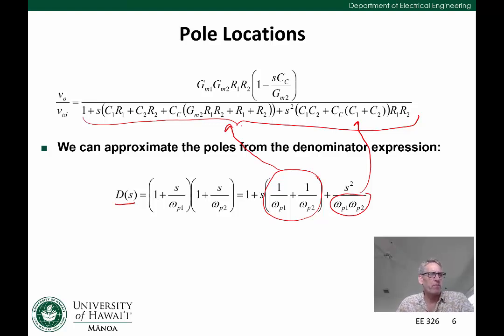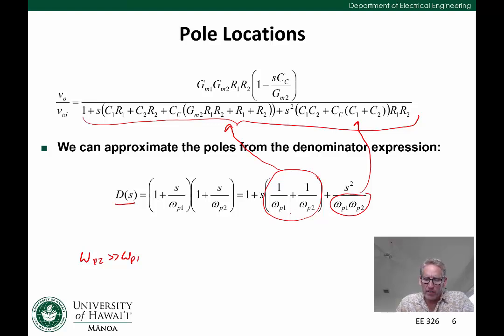That's the basic idea. And the first approximation I'm going to make is to assume omega p2 is much, much greater than omega p1. That's reasonable, assuming we have a compensated op-amp, which is what we're dealing with here. The first pole is going to go down in frequency, the second pole is going to go to a higher frequency, and so it's safe to assume that omega p2 is much higher than omega p1.